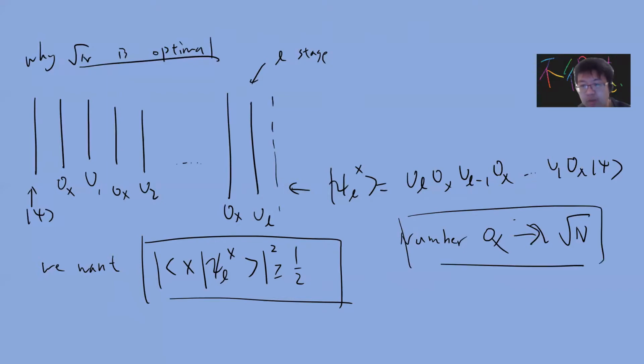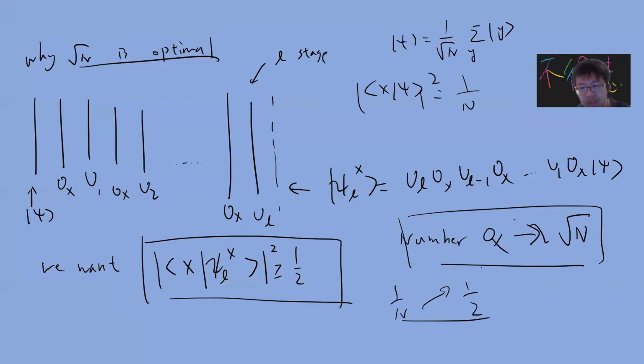So this is our proof. That means you at least need square root of n queries to make this overlap greater than or equal to half. Usually, if you start from the uniform superposition, the amplitude on a particular state will be 1 over square root of n. So we need to start from there and increase up to half. Then we want to prove that the minimum number of O_x queries is basically square root of n.